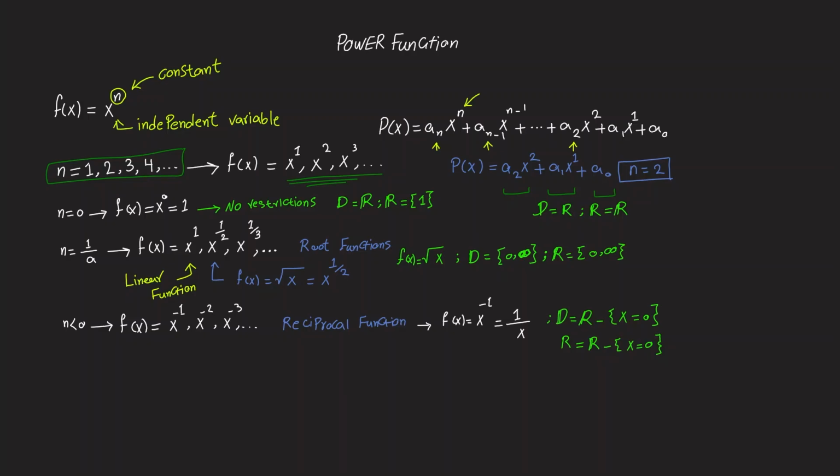These functions are called reciprocal functions, and for their domain and range we have to make sure that our denominator cannot be equal to 0. So the domain and range are both equal to the set of all real numbers except where x is equal to 0, or where the denominator is equal to 0.